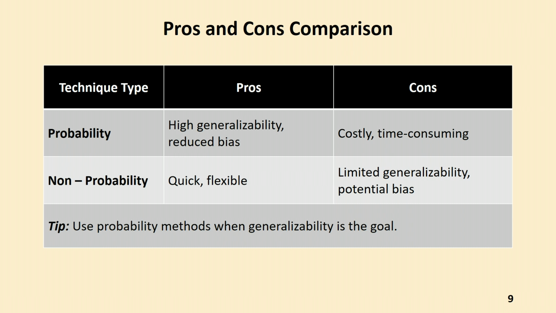Limited generalizability and potential bias. This is a twofold aspect of non-probability sampling. When you are doing a certain kind of research where you have to opt for a non-probability sampling technique, then it is sure that the generalizability of that research will be limited as compared to probability sampling technique.